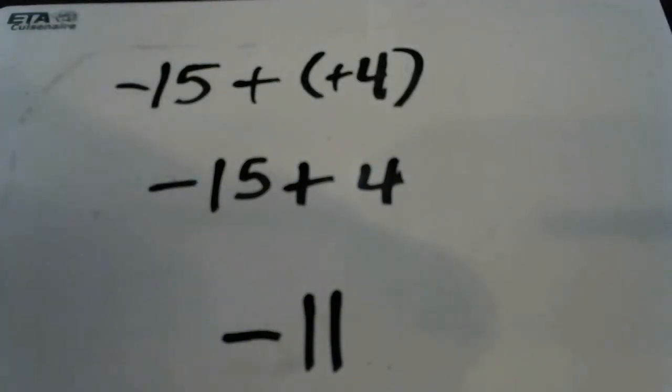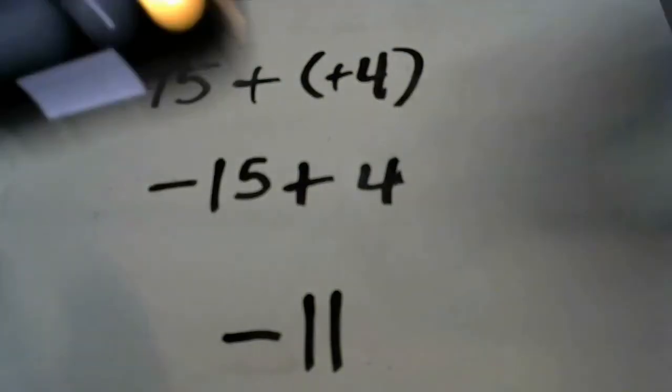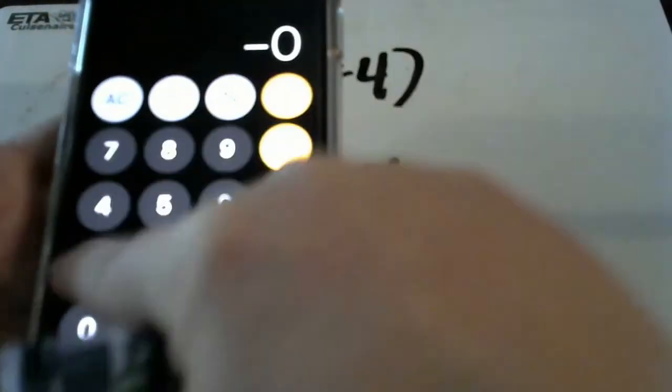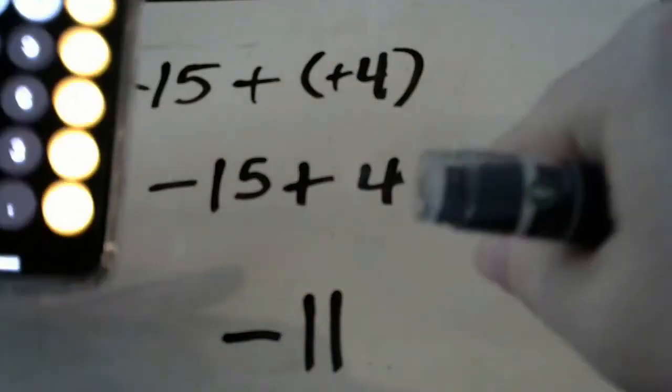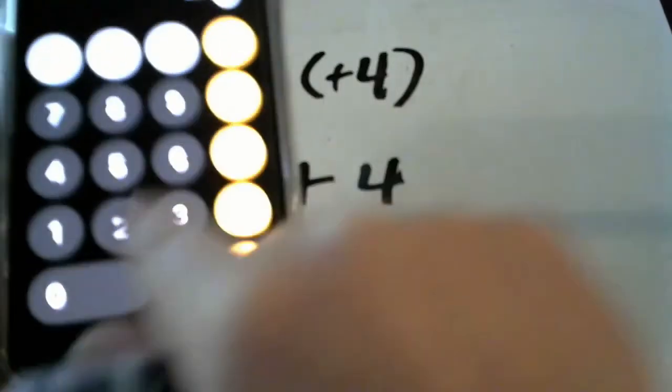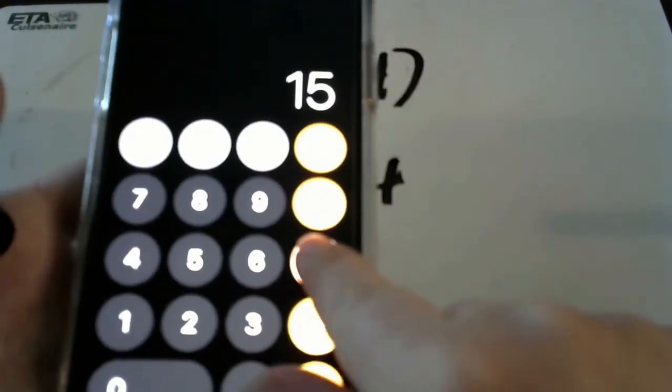If I put that in the calculator, negative 15 minus negative 4. Let's put this in here. Okay, negative, make sure it shows up, 15 minus negative 4. We get 19. What? What is going on with my phone? Negative 15 minus, see, the negative goes away.